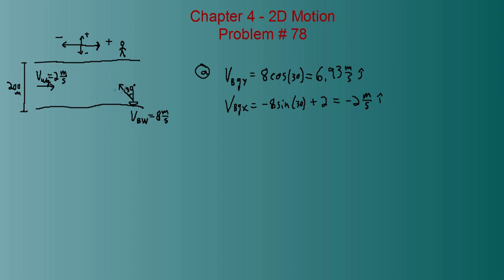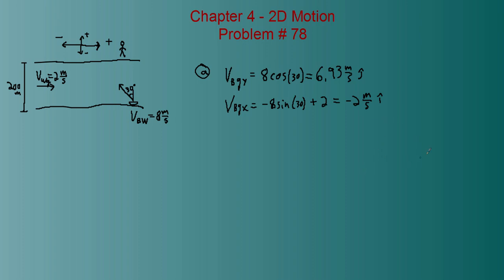So in other words, the boat is going fast enough to actually move upstream. In fact, its x component looks like it was negative 4, so it was going twice the river speed in the opposite direction. So yeah, now we can combine components to get the actual magnitude.